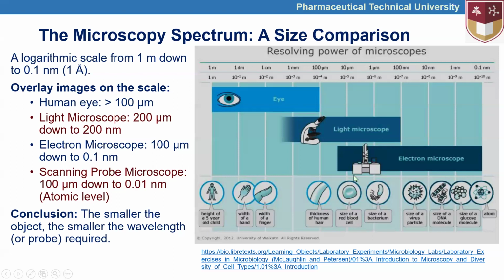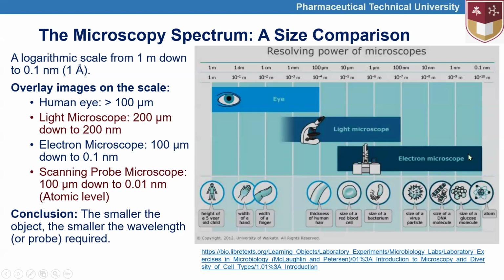So by using electron microscopes, we can see the sizes of cells, bacteria, virus. We can see the DNA molecule. We can see proteins, and some small molecules like glucose can also be seen, and some higher sized atoms can also be detected by using electron microscopes.